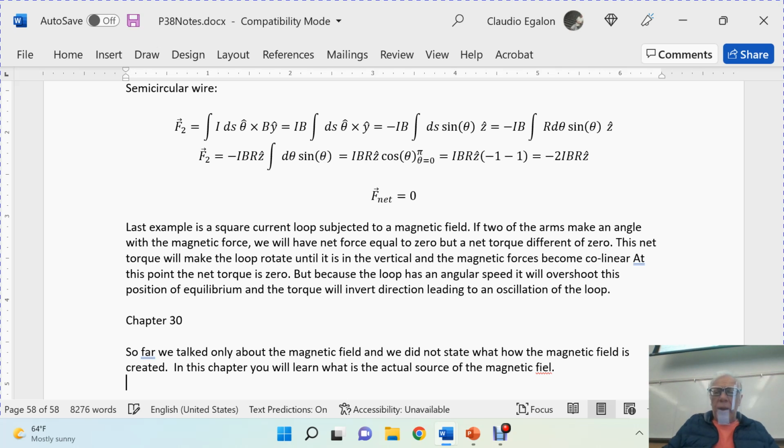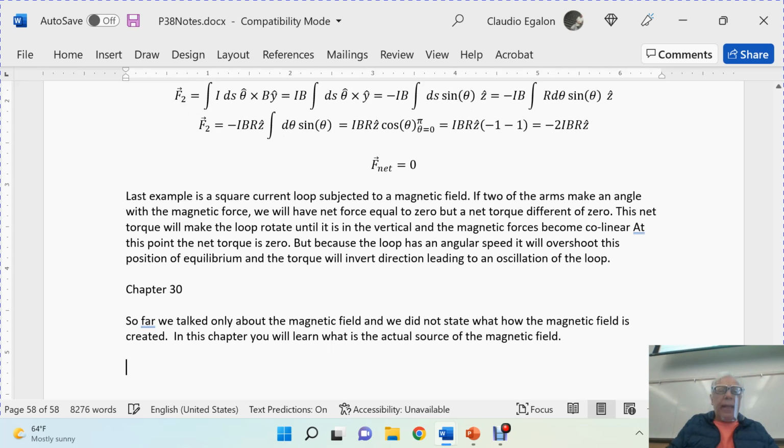Okay, you already know that there is nothing like magnetic monopoles, right? What's the source of electric field? It's electric charge. There is no magnetic charge counterpart.